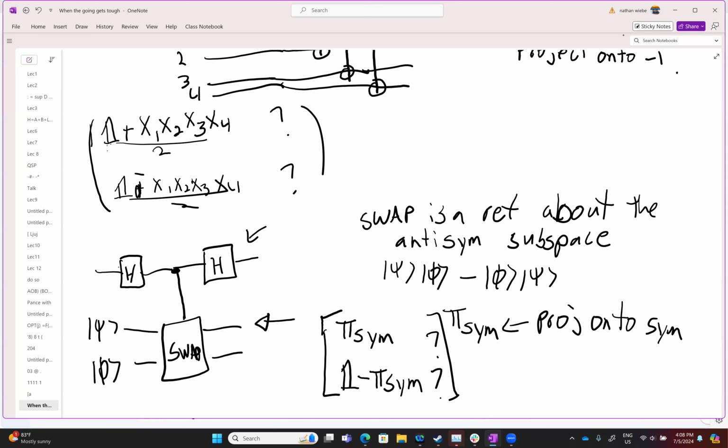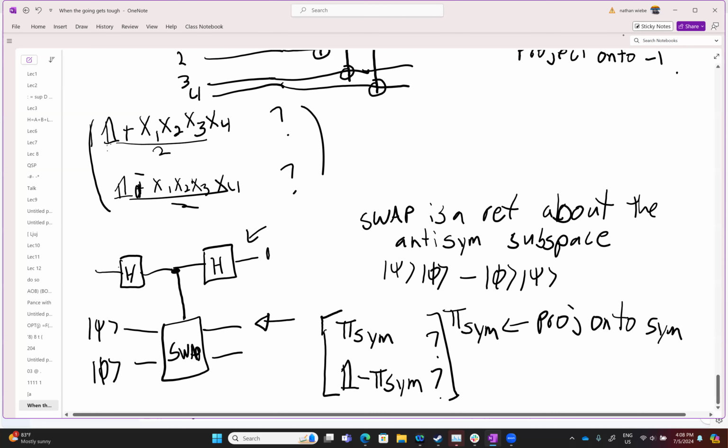And of course, the success probability for this is the expectation value of the projector onto the symmetric subspace squared. The interesting thing about this circuit is this property of thinking about it actively as something that's applying a projection, rather than as a method for figuring out the overlap between two different states.